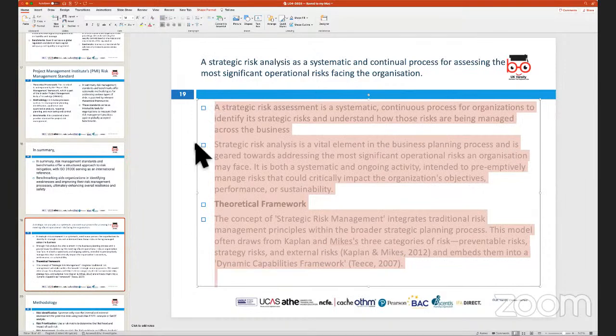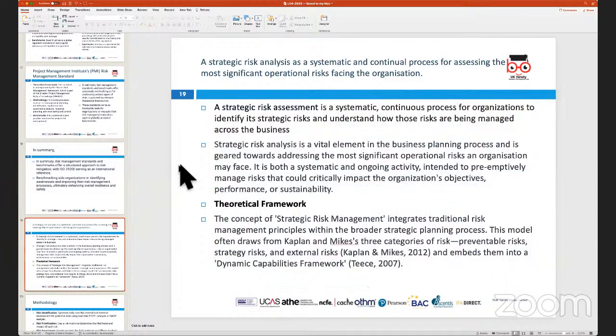Strategic risk analysis is a systematic and continuous process for assessing the most significant operational risks the organization can face while it is producing, manufacturing, or providing services to its customers.